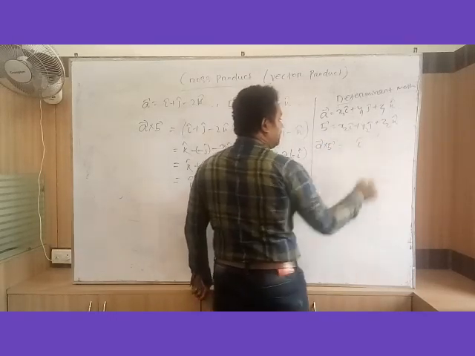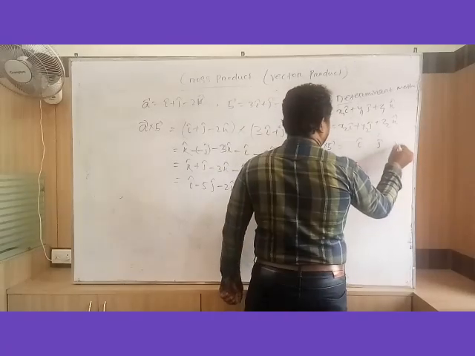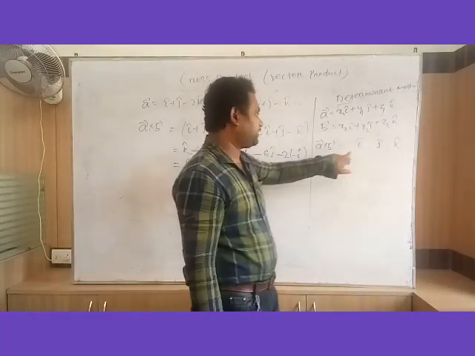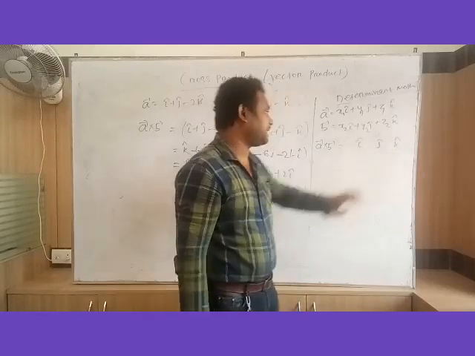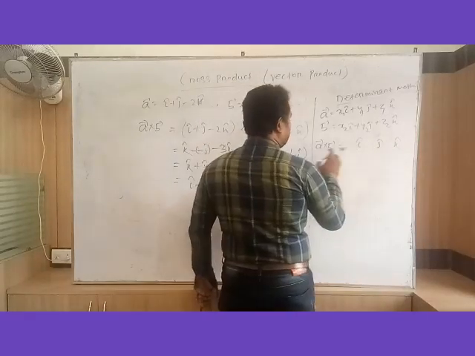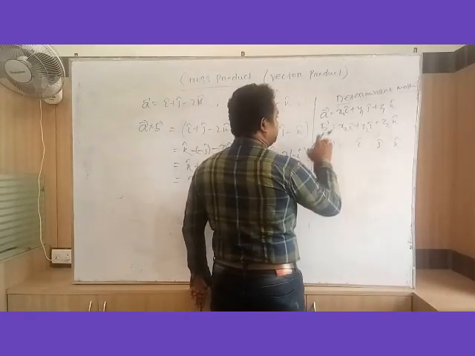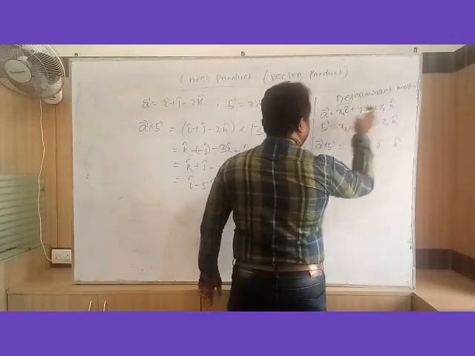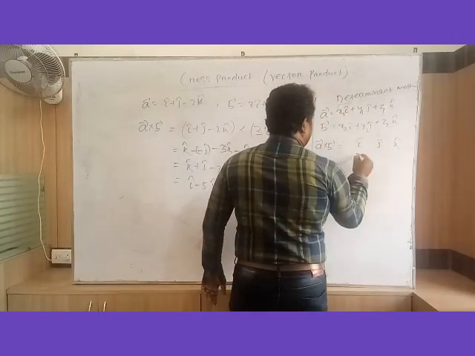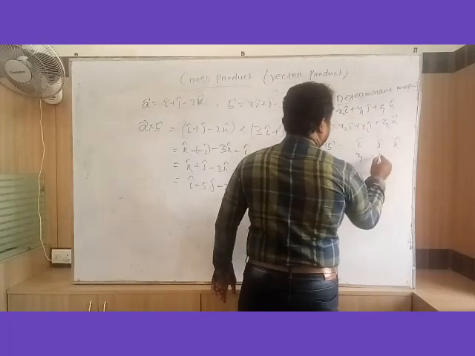in the top, the first row, i cap, j cap, k cap. Row 1 of the determinant: i cap, j cap, k cap. Then in row 2, the value of A vector, meaning the coefficients of i, j, k in A vector, that is x1, y1, z1.